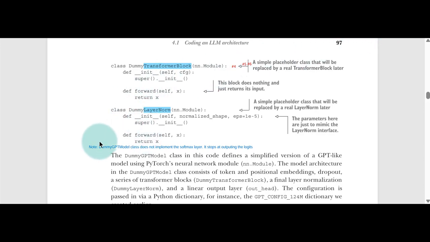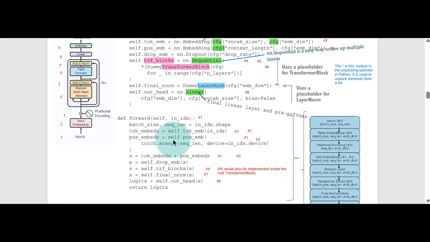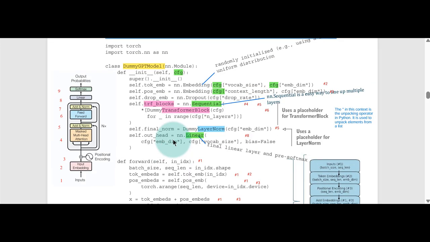And note that the dummy GPT model class does not implement the softmax layer. It stops at outputting the logits. So can we see that here? Well, we haven't examined it yet, but we don't use the softmax anywhere in here, so it's not using the softmax. So what happens before the softmax?